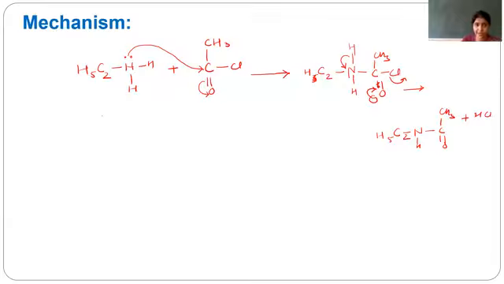We can write the same reaction with a secondary amine. This was the reaction of a primary amine. The same reaction mechanism is followed by the secondary amine.